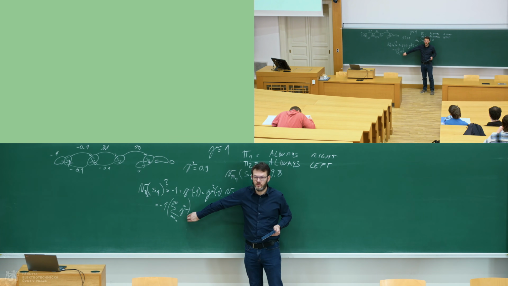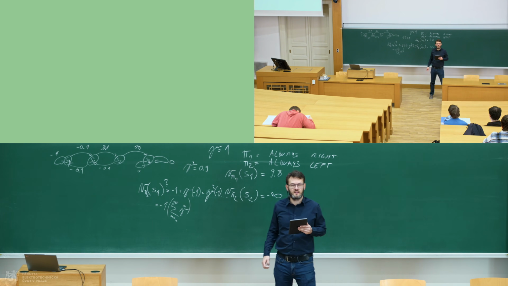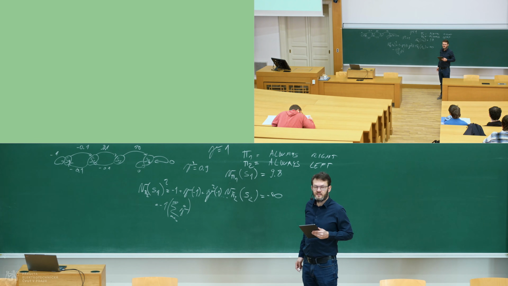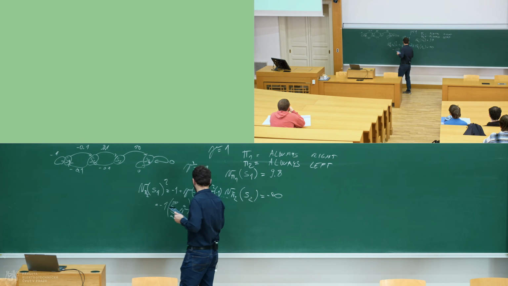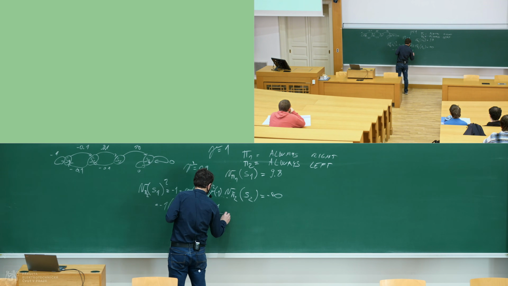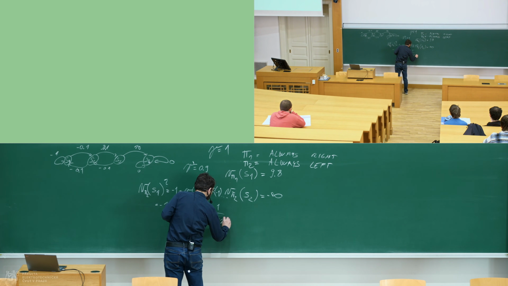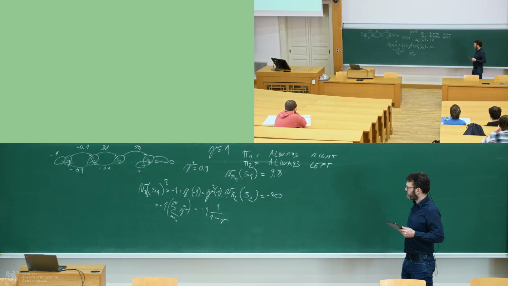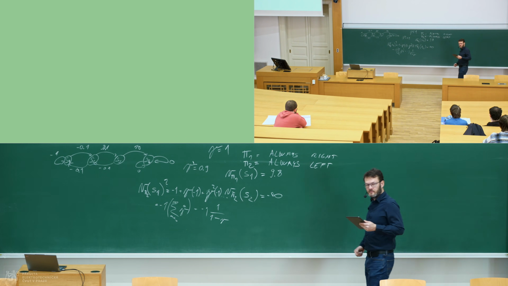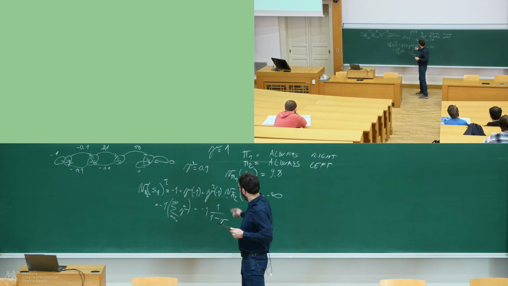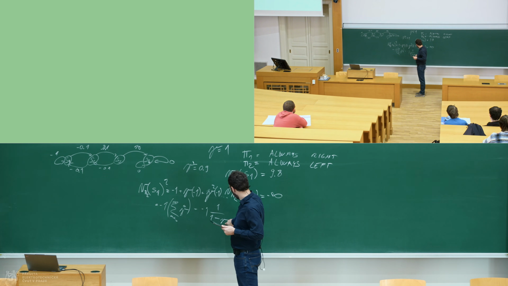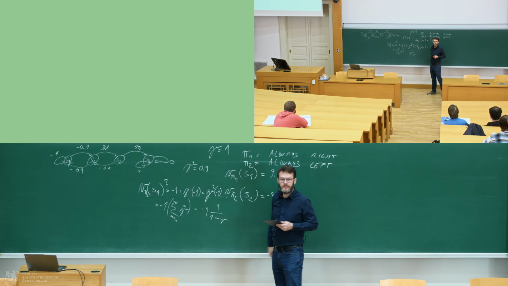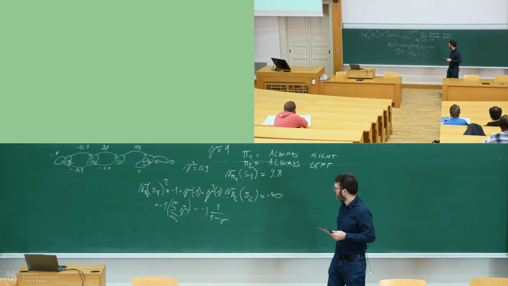And the sum of geometric series is something like that, right? So with the 0.9, it would be like minus 10, roughly.